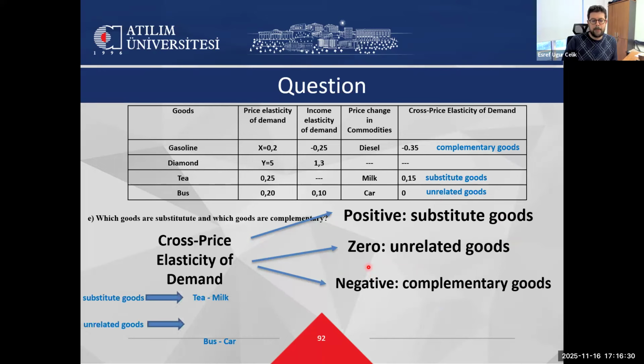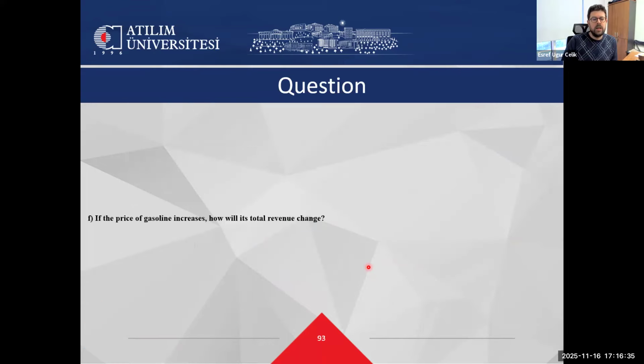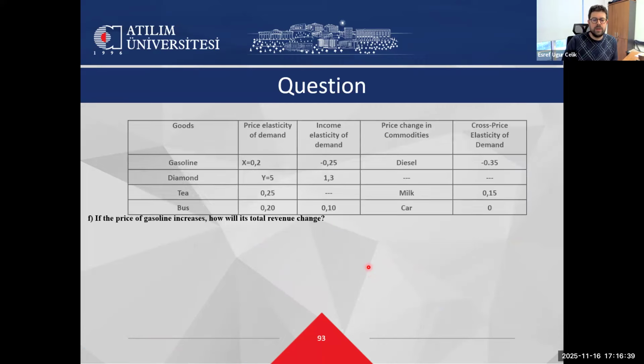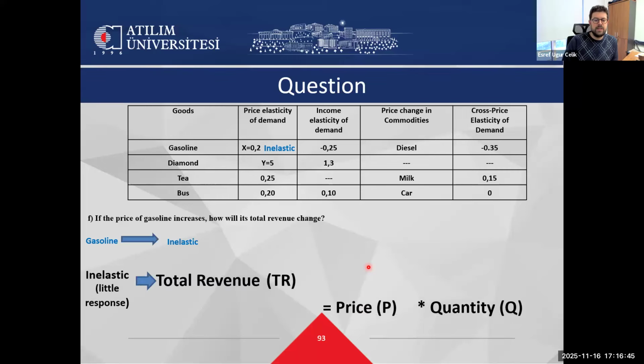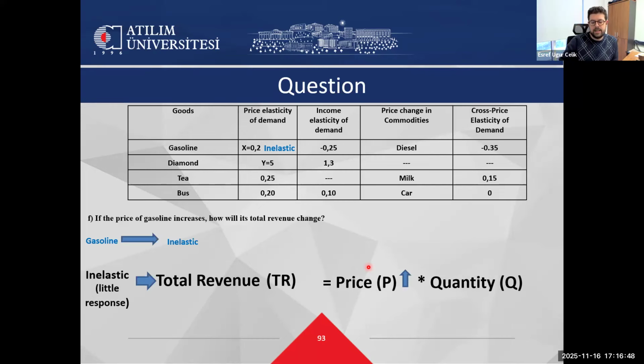Okay. If the price of gasoline increases, how does it affect total revenue? Gasoline is inelastic, so less reaction. When the price increases, the quantity falls but by less. So total revenue increases. Okay.